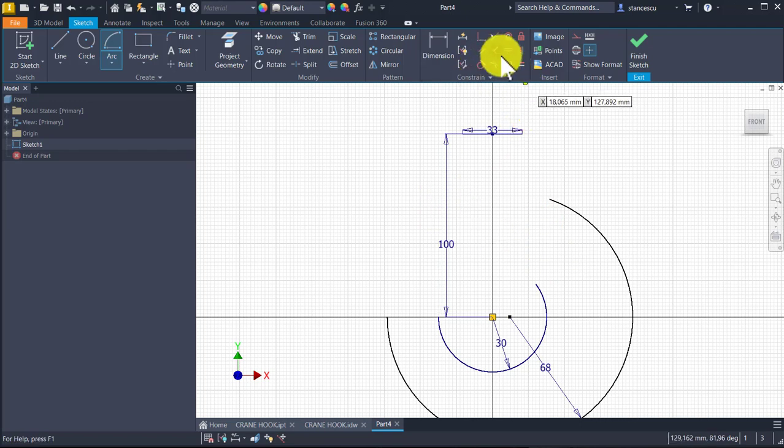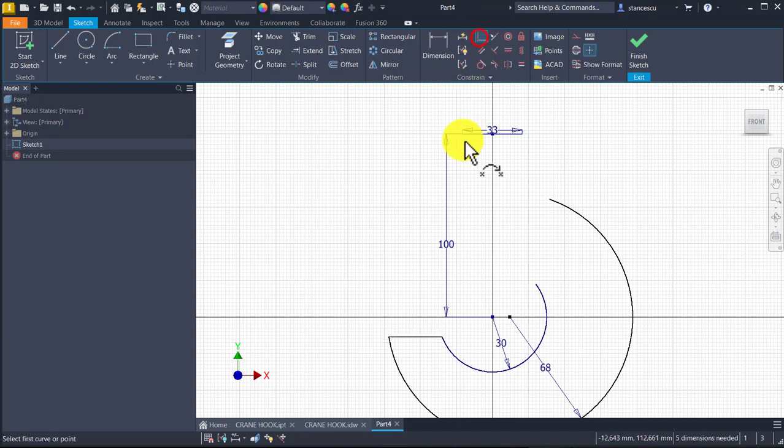Now I draw a line to connect these two ends. This line is horizontal, but I don't know if it contains that point. It doesn't, yes? Okay.